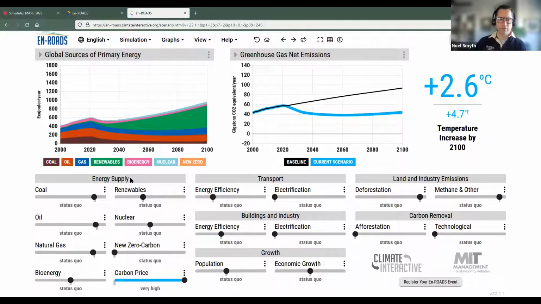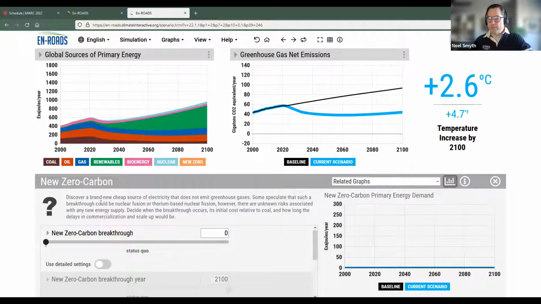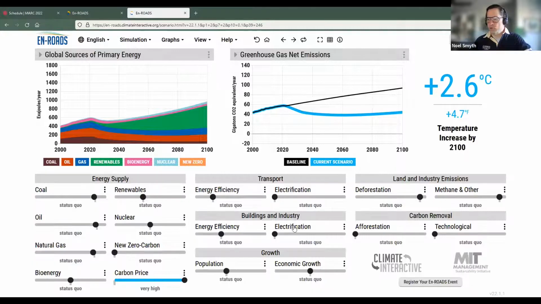Carbon price, you will find as you play with this on your own, will be the most effective. The new zero carbon one, again, if you look at that, is about discovering a brand new cheap source of electricity that does not emit greenhouse gases. Yes, we want to do this, but there's a lot of hope involved with that.